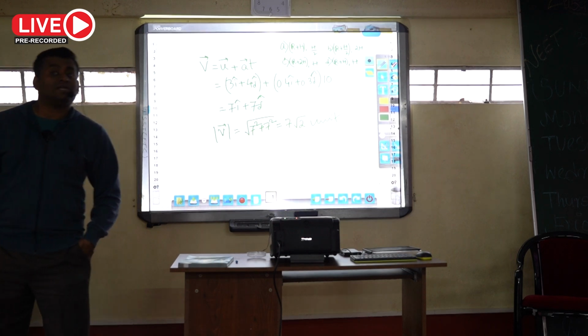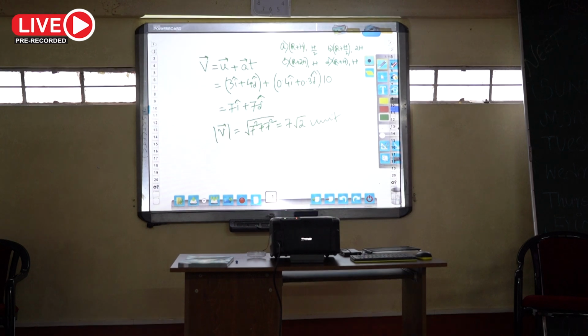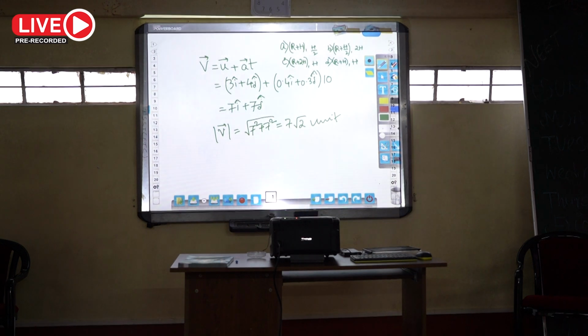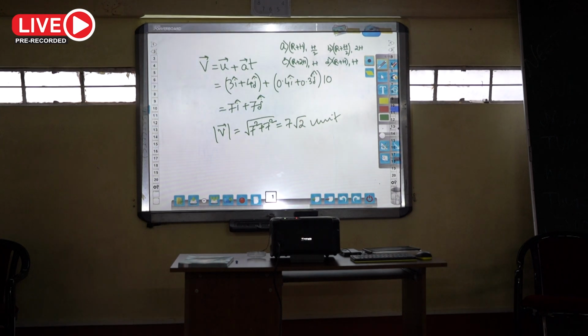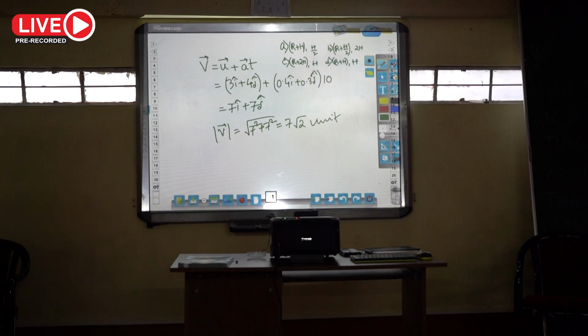So you have to show that the time of flight is not modified because of this acceleration in the horizontal direction. Then only can you argue that only R will change and H will remain unchanged. Clear?